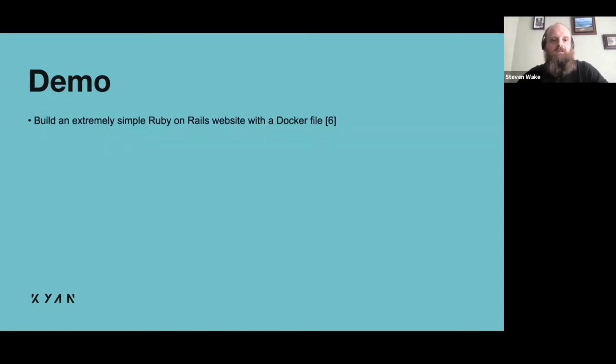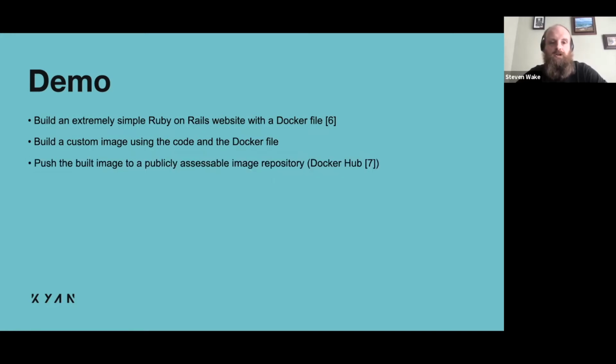So what we're going to do is build an extremely simple Ruby on Rails website with a Dockerfile. We're then going to build a custom image using the code and the Dockerfile. We're going to push the built image to a publicly accessible image repository, in this case Docker Hub.